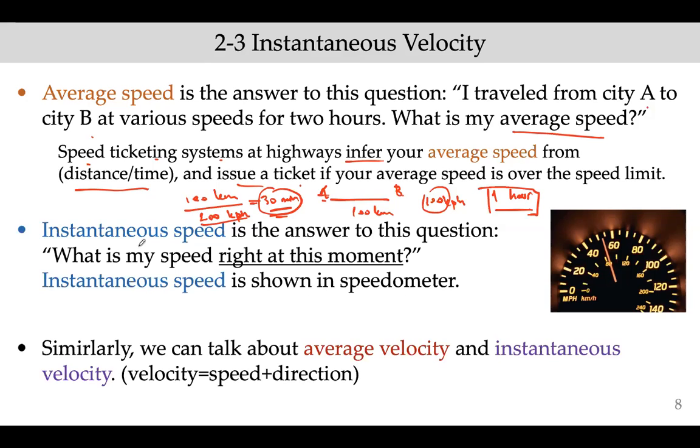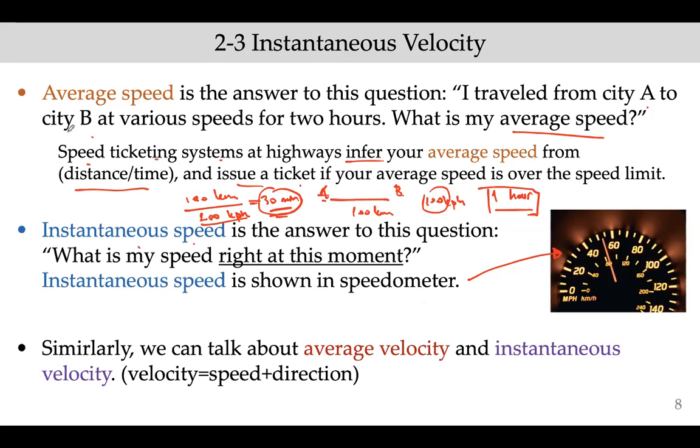Okay, what about instantaneous speed? Well, it is the answer to this question: what is my speed right at this moment? Let's say you are driving, and you are asking, what is my speed right at this moment? And for that, you wouldn't do any calculations. You would just look at the speedometer.